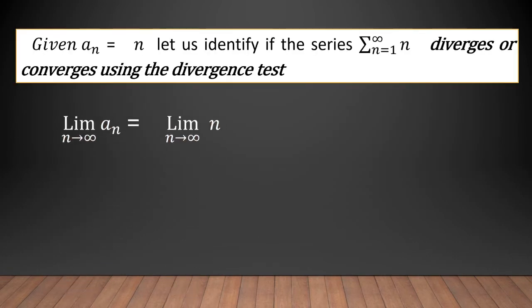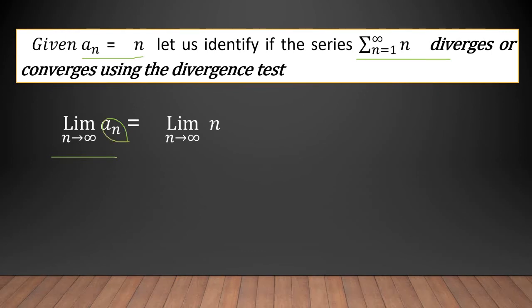Now let us have this given sequence an, where an is equal to n. Let us identify if the series, the summation of n from n equals 1 up to positive infinity, will diverge or converge using the divergence test. First we get the limit of an as n approaches positive infinity.